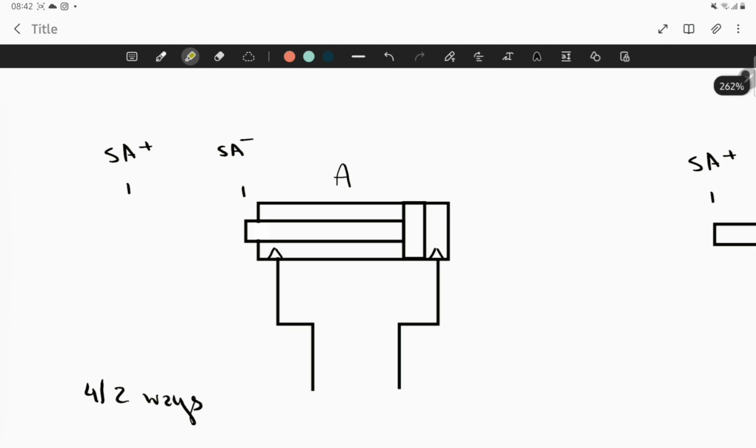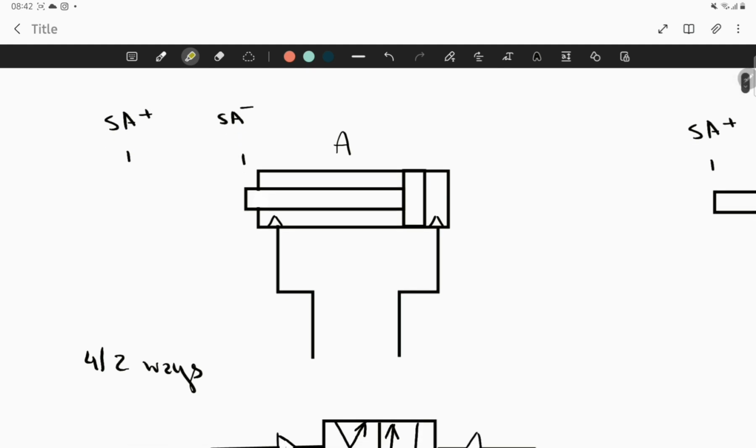I'm gonna explain sensors later. But as it is here, the air is entering here, so it's filling these spaces and it makes the piston stay closed.